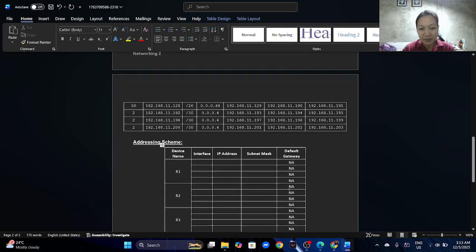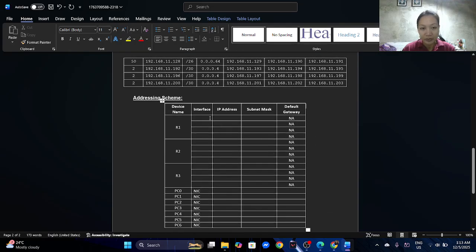So for the addressing scheme, for router 1, we have FA0/0, FA0/1, SE0/0/0, SE0/0/1.